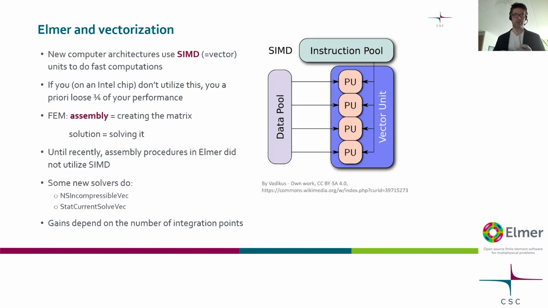You easily lose three quarters of the possible performance of your CPU if you cannot utilize the vector units on it. So modern CPUs are really in need of a good strategy for vectorization.